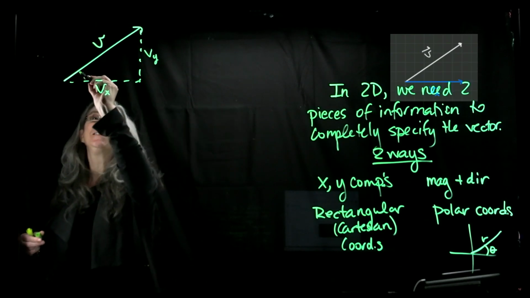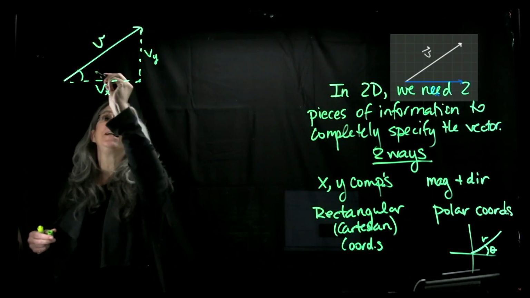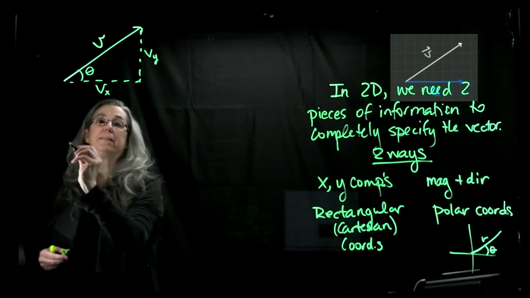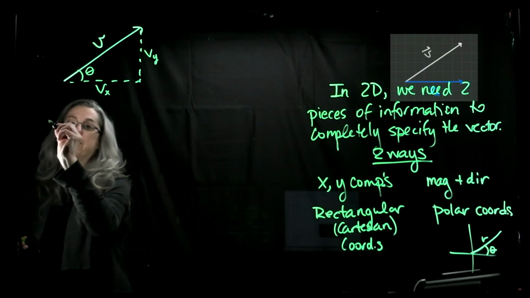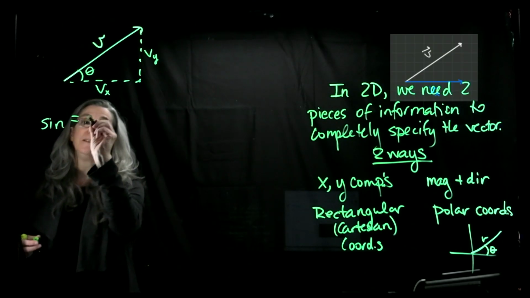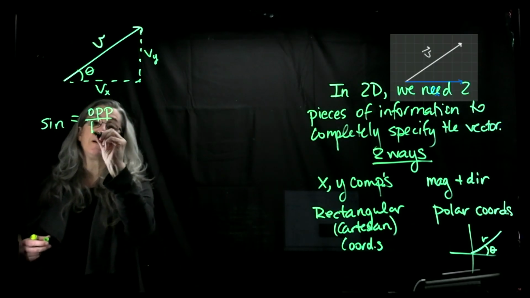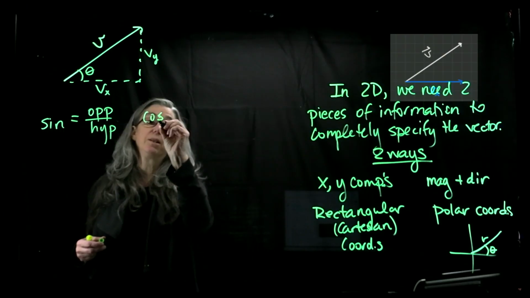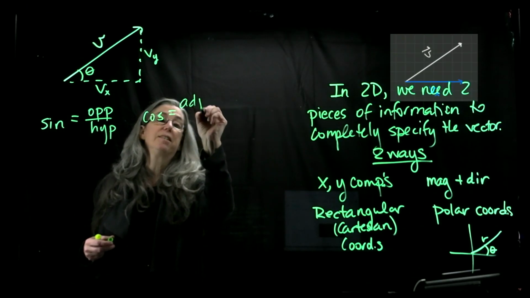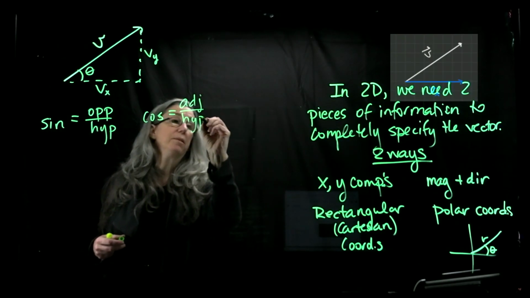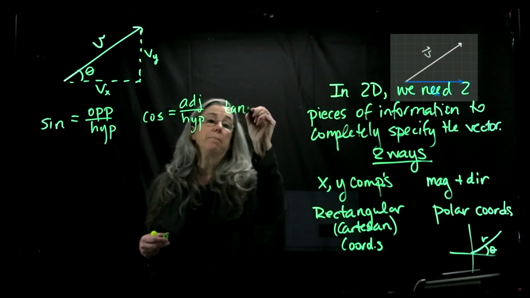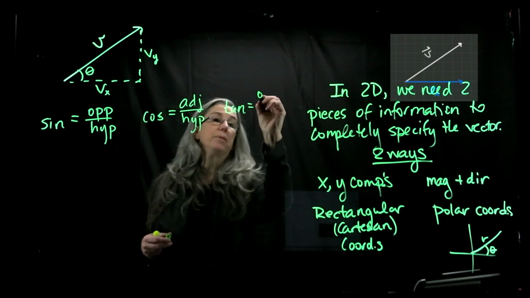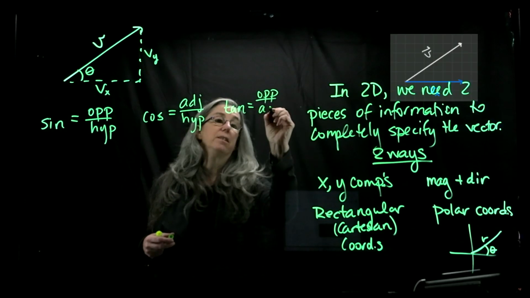So if you know the x and the y, and you know theta, then you know SOHCAHTOA: the sine is the opposite over the hypotenuse, the cosine is the adjacent over the hypotenuse, and the tangent is the opposite over the adjacent.